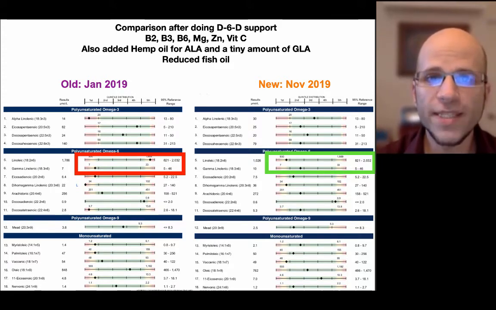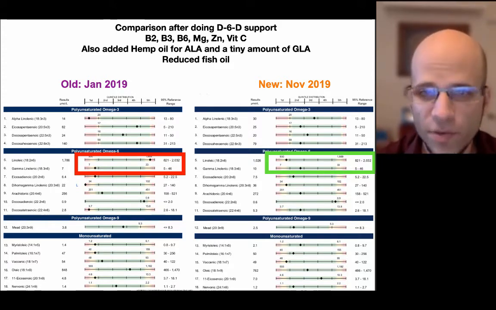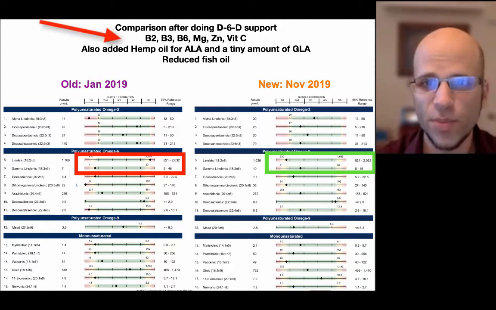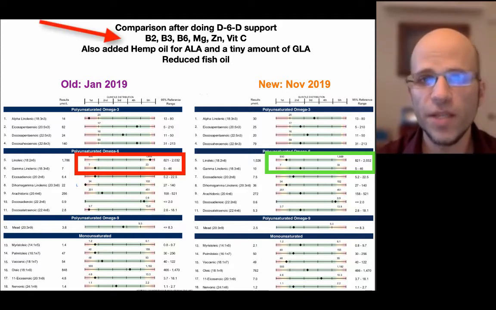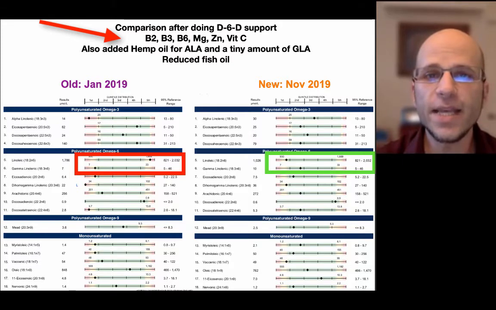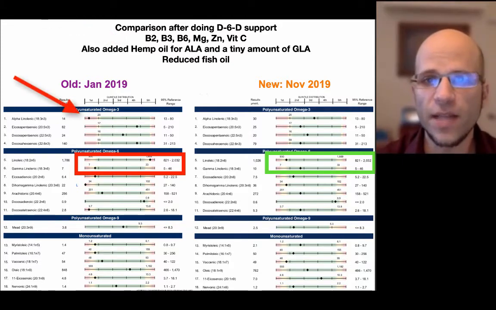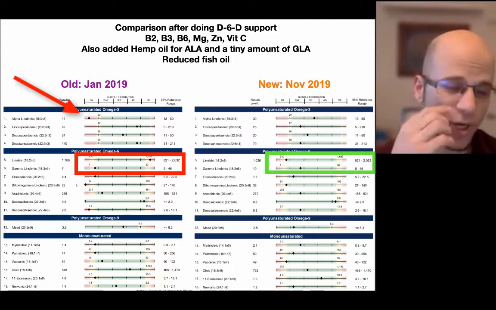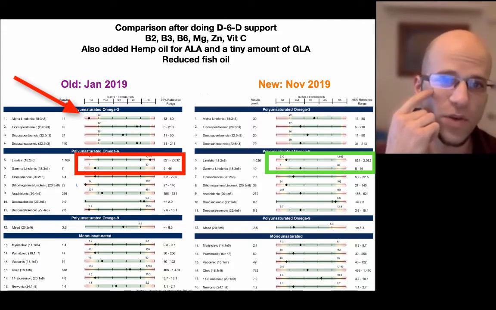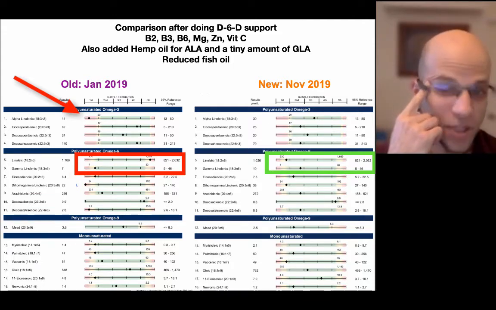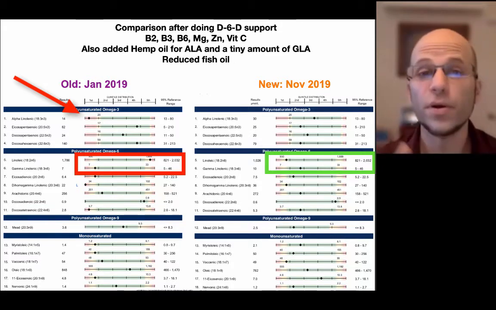What I did is I really heavily supported the delta 6 desaturase pathway with B vitamins, magnesium, zinc, and vitamin C. And then later on, I added some hemp oil for ALA, and hemp oil has a tiny amount of GLA. That's a little trick, actually. If you have to increase ALA and GLA, give people hemp oil.